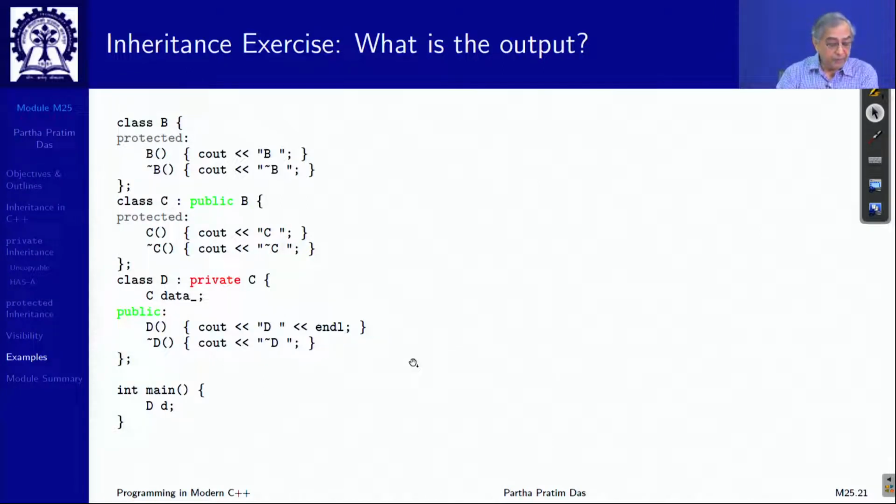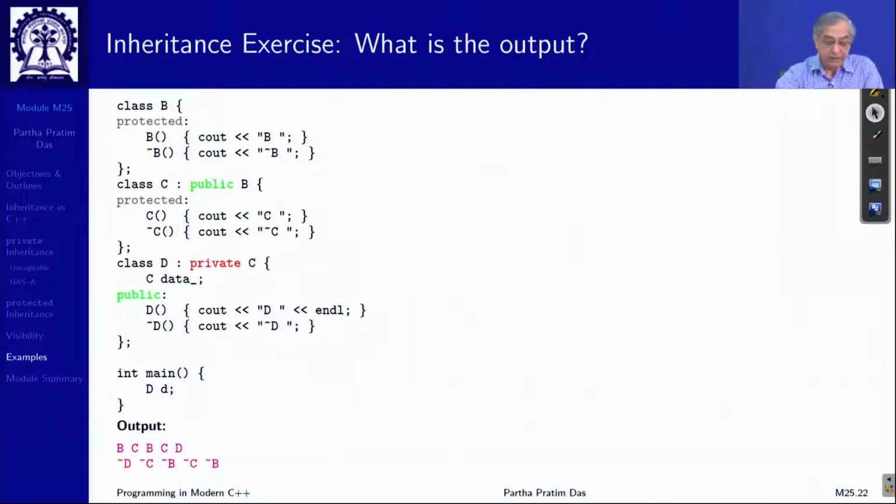So, before I close, there are a couple of example slides that I have put. This is C is a B by public inheritance. Here D is implemented in terms of C, as we have learned, by private inheritance, and if we do this, what will be the output?